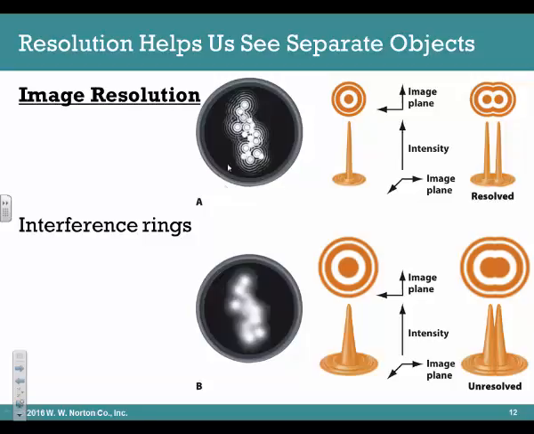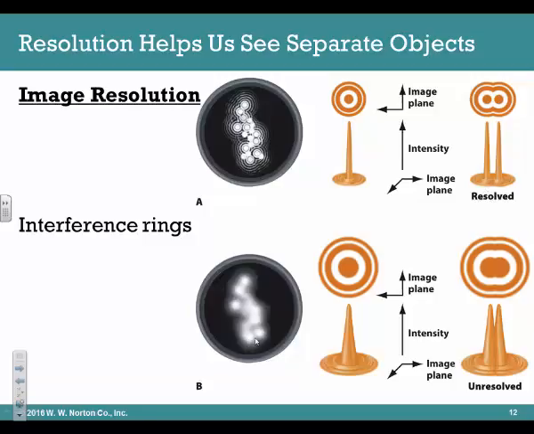So if you have poor resolution, you'll get a kind of fuzzy image like you see in this circle down here in Part B. But if you have good resolution, you'll really be able to see the crisp details as seen in Part A. And certainly what you see in Part A, you can see that two separate objects in the specimen can be easily resolved.